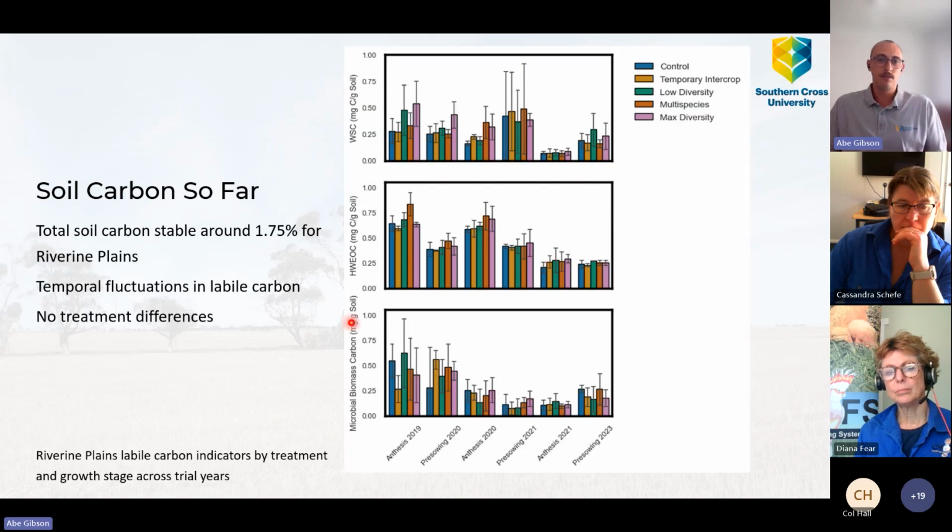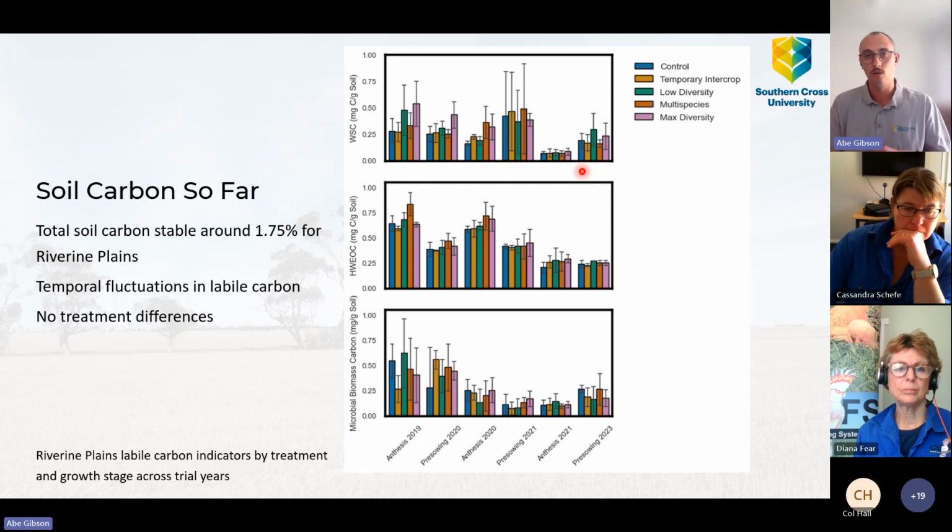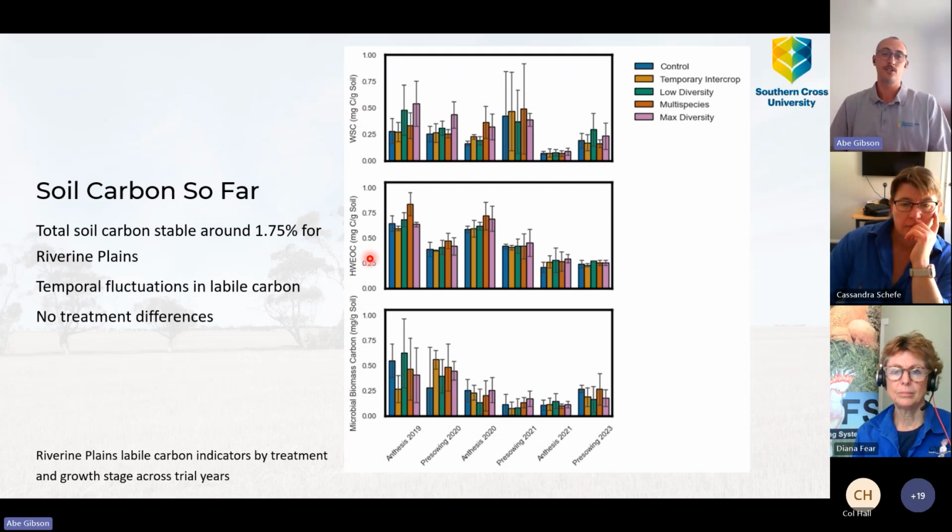Now, rather than put up another total carbon graph for Riverine Plains, I'm actually going to put up some measures for labile carbon inputs. WSC is water soluble carbon, HWEOC is hot water extractable organic carbon, and then we've got microbial biomass carbon there on the bottom panel. The water soluble and hot water extractable organic carbon are basically a representation of fresh inputs of carbon, the stuff that's been put in the soil more recently through plant growth.